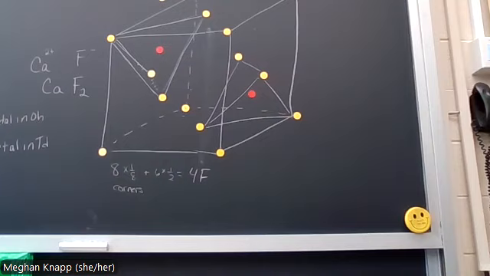A is in the center. This is all information you would be given. B is on the corners. And X, which is your anion, is on the edges.